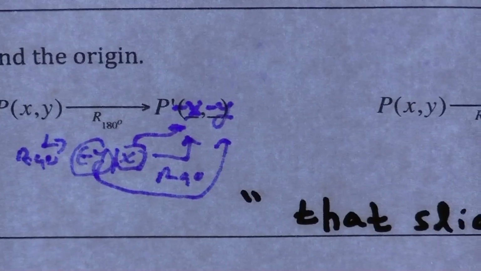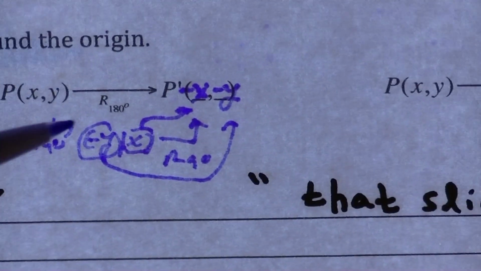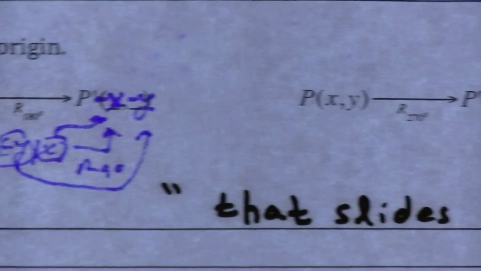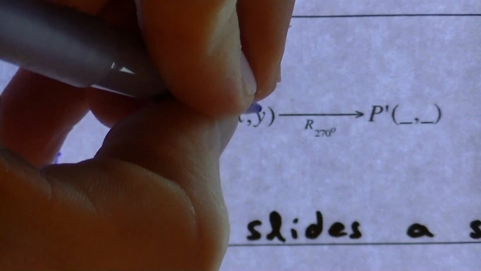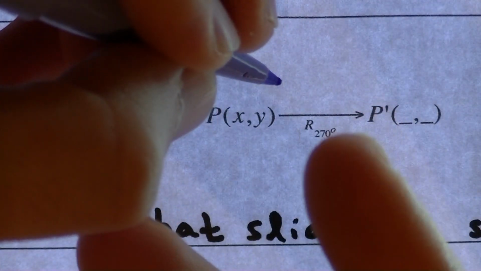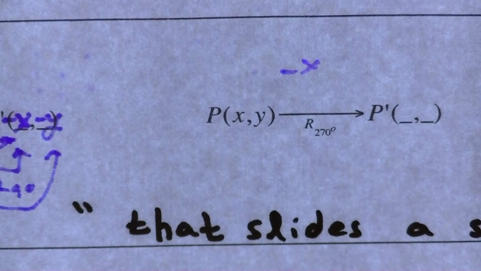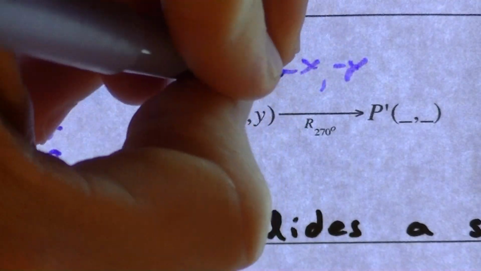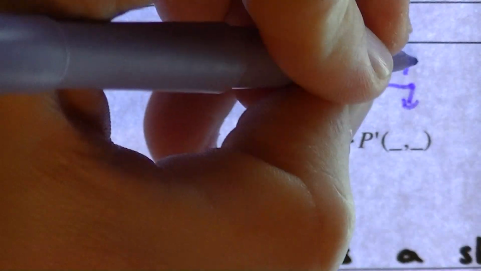And the next thing I'm going to do is just the same thing again. 270 is my next rule, and that's just 90 more than 180. So I started at (x, y), flip and switch, (negative y, x), flip and switch again, (negative x, negative y). I'm going to rotate 90 degrees more.